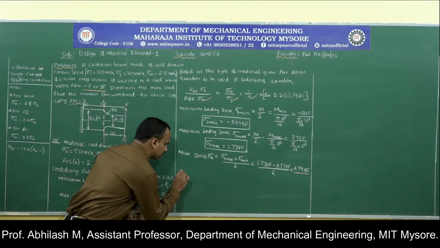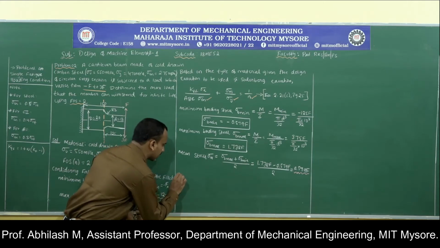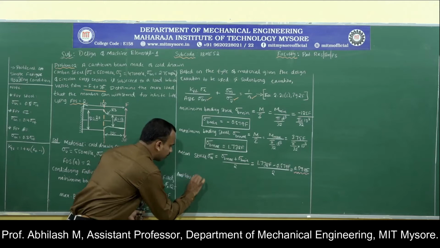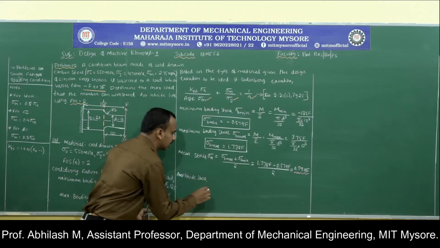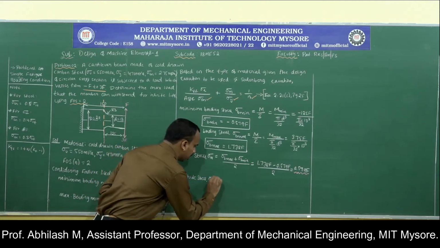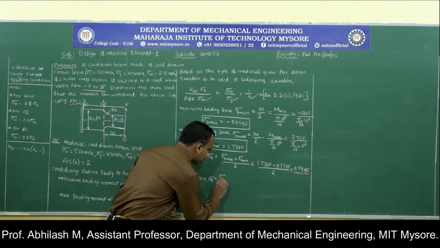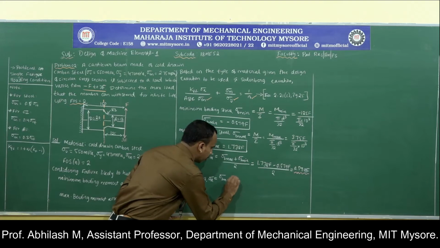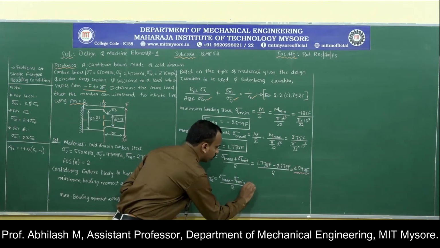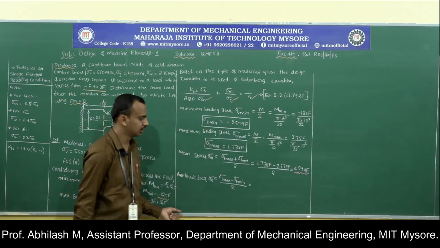Similarly, I am supposed to calculate the amplitude stress, denoted by sigma A. Sigma A is equal to sigma B max minus sigma B minimum divided by 2, half of the range of stress.